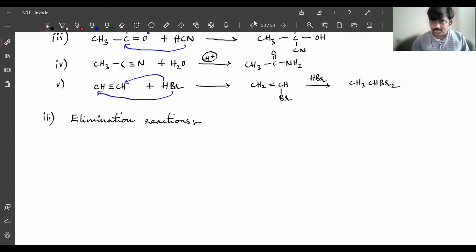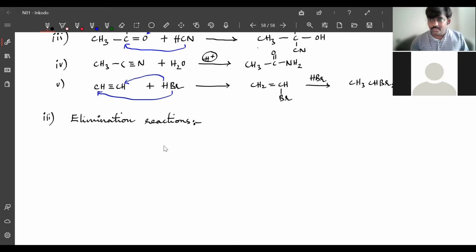We said more substituted alkenes are more stable, and the same applies here also.